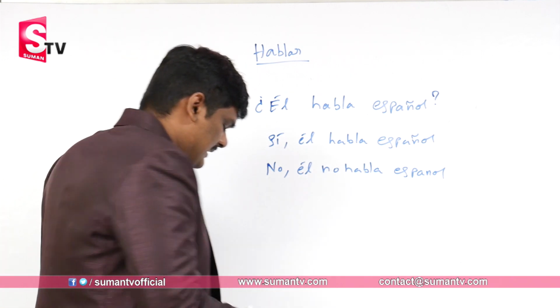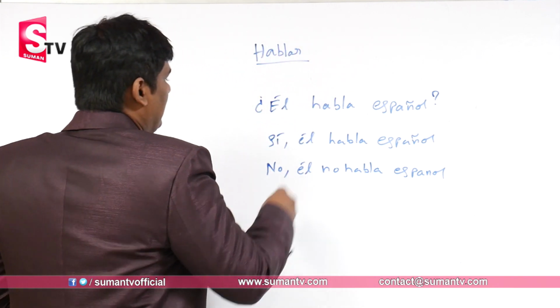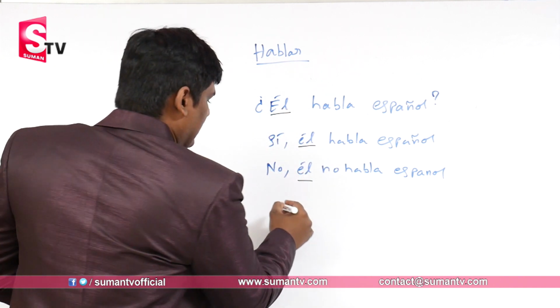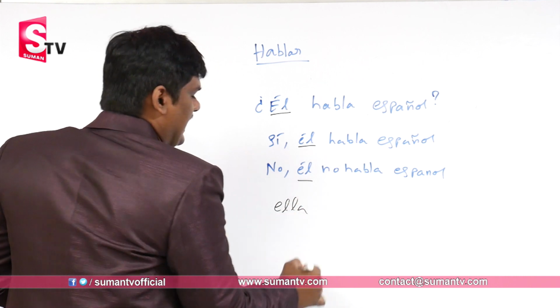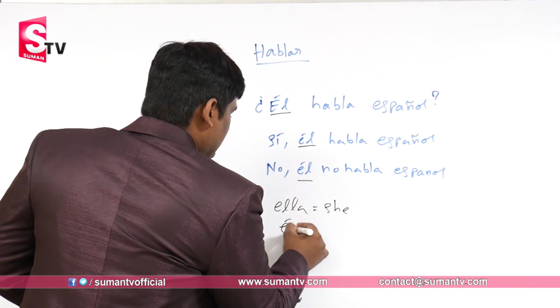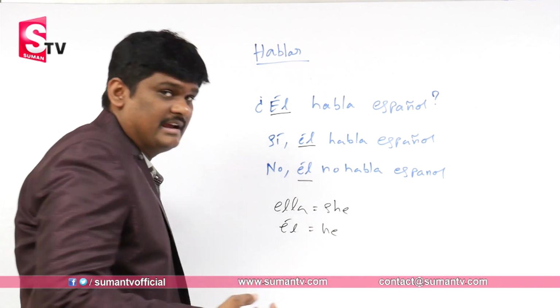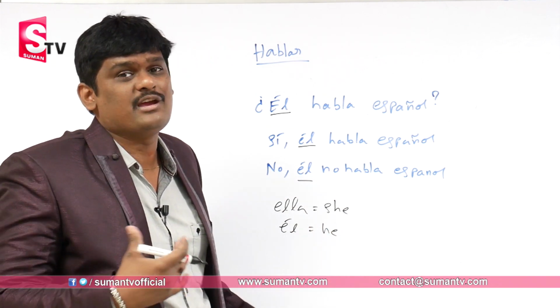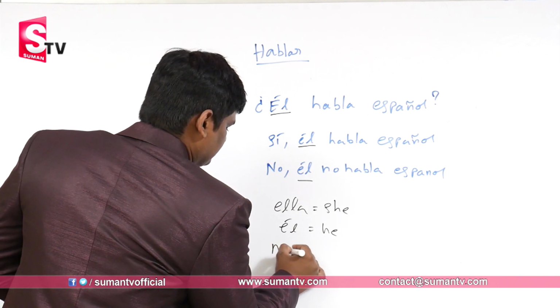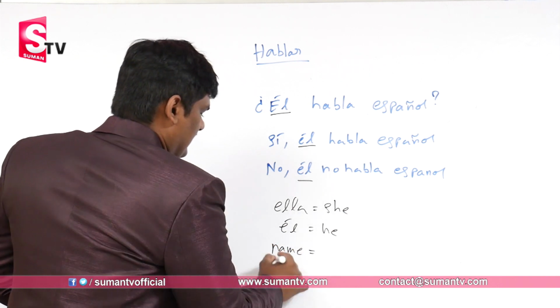Here, in place of él, we can also use ella. Ella is equal to she. Él is he, and we can also place any name.